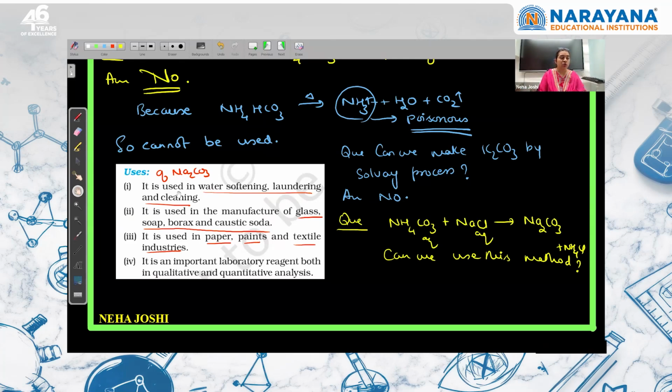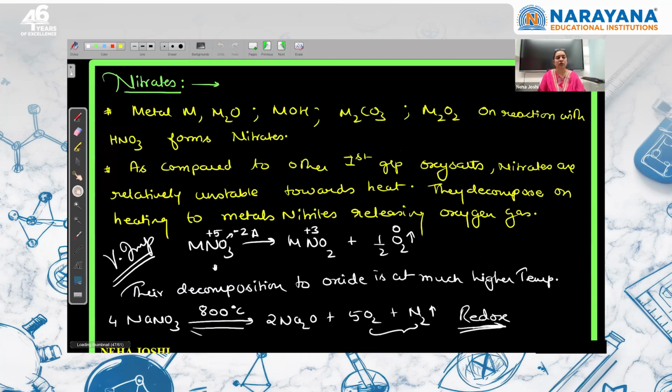I have added the uses also. It is used in water softening, laundering, and cleaning. It is used in manufacturing of glass, soap, borax, caustic soda, used in paper, paint, textile industries, and of course, important reagent in qualitative and quantitative analysis.